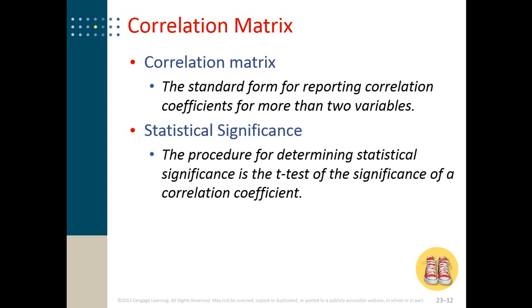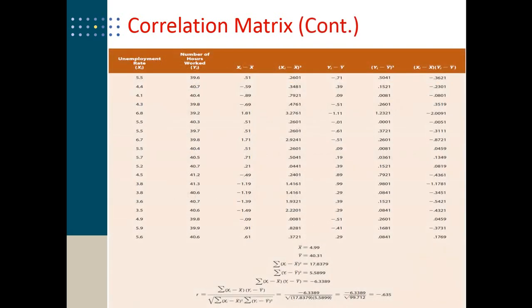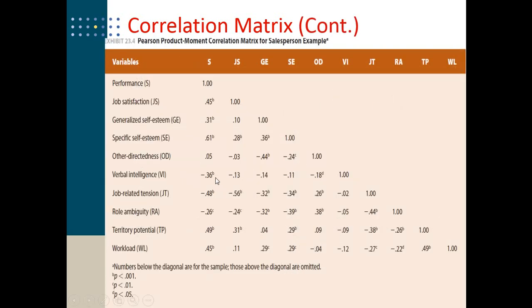If you accept this null hypothesis, it means that there is no correlation. And if you reject this null hypothesis, that means the correlation coefficient is significantly different from 0, so there is a significant correlation.